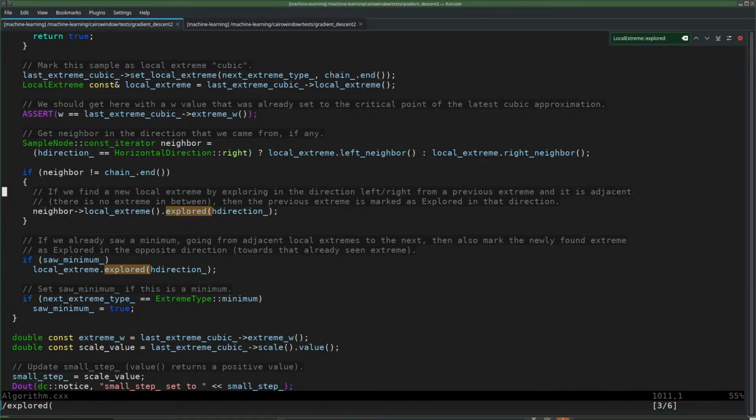And this must be the one. Yeah, it should be opposite. So we're going to the right and we mark it as explored to the left because we already saw a minimum.